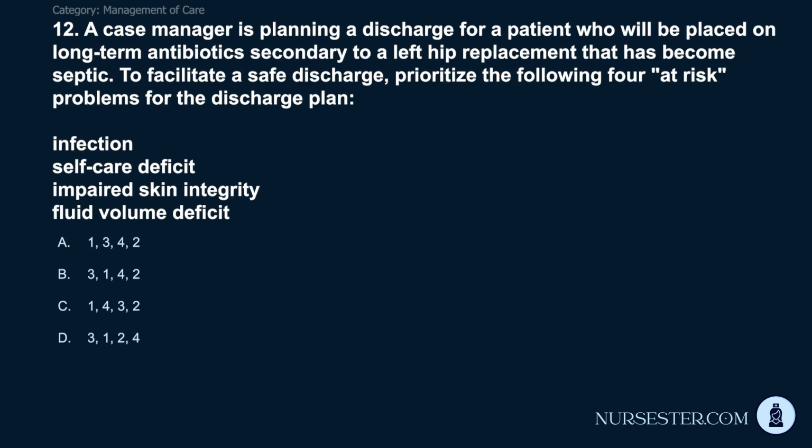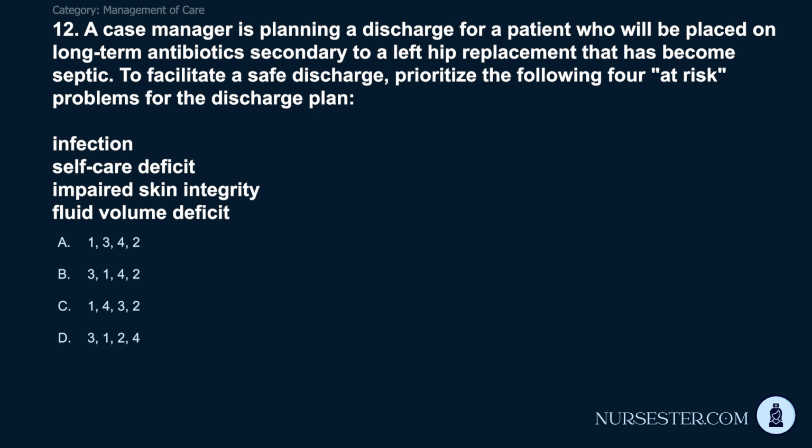12. A case manager is planning a discharge for a patient who will be placed on long-term antibiotics secondary to a left hip replacement that has become septic. To facilitate a safe discharge, prioritize the following 4 at-risk problems for the discharge plan: 1. Infection, 2. Self-care deficit, 3. Impaired skin integrity, 4.